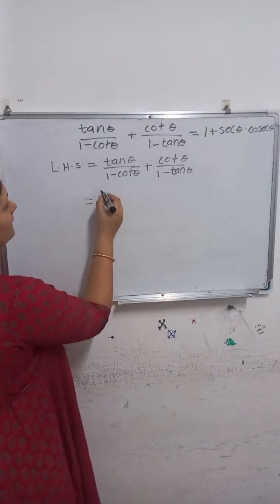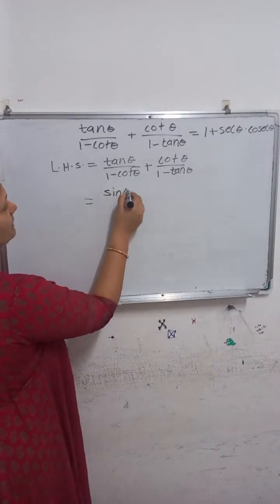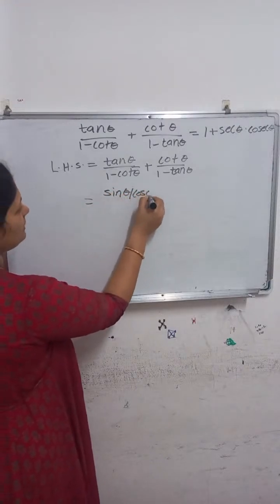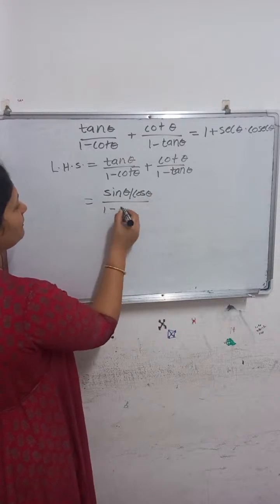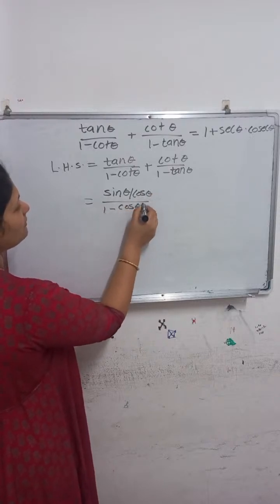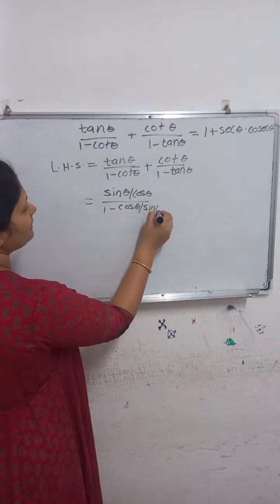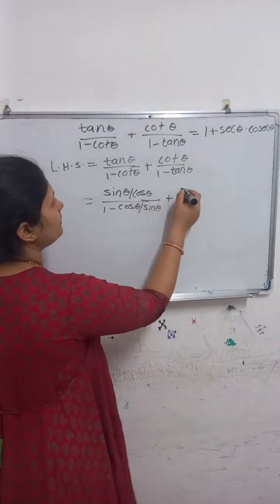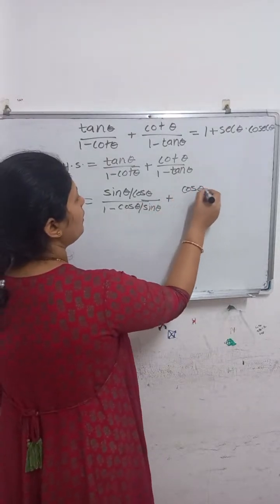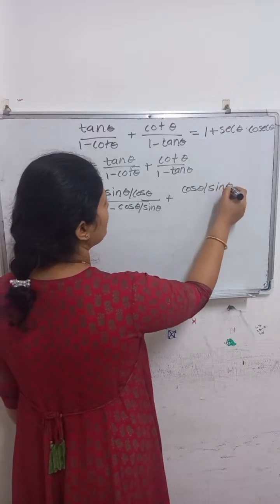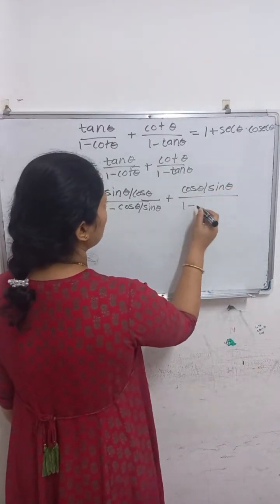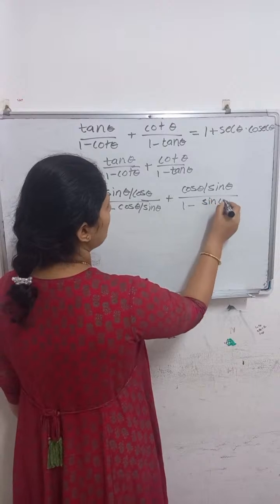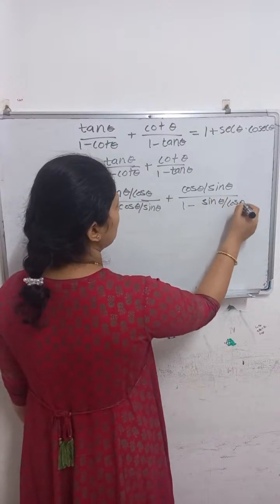So here tan is nothing but sine theta by cos theta divided by 1 minus cot, which is cos theta by sine theta, plus cot, which is cos theta by sine theta, divided by 1 minus sine theta by cos theta.